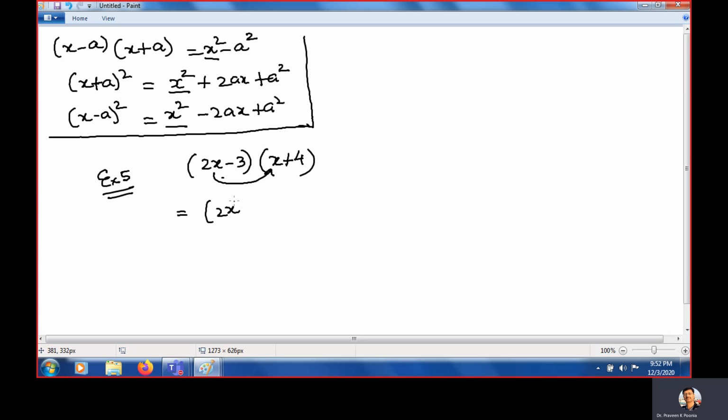So it is 2x into x plus then 2x into 4, like this one, plus now minus 3 by x, minus 3 by x, plus then minus 3 by 4, minus 3 by 4. This is how we are going to do it.